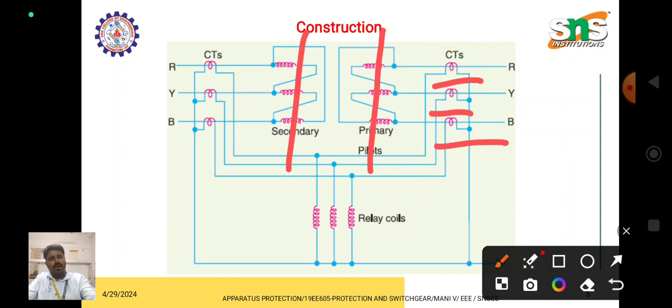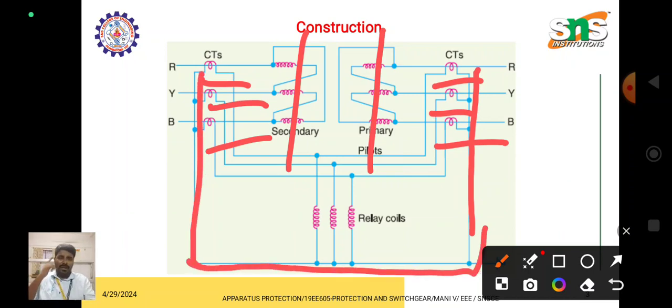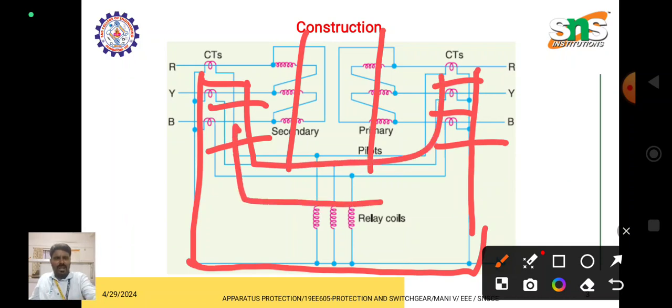All three CTs are star connected, and in the secondary of the transformer there are also three CTs, one for R phase, Y phase and B phase. Here also all three CTs are star connected, and these two star connections are interconnected. In the primary and secondary CTs, the R phase is connected with the R phase, the Y phase with the Y phase and the B phase with the B phase.